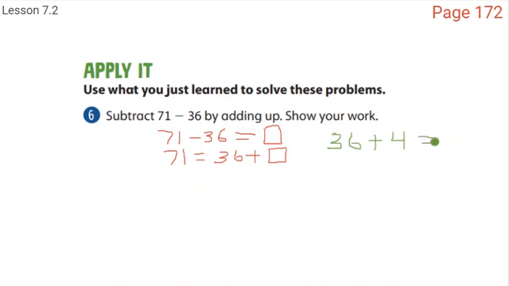And that equals 40. Okay? So we're adding up. We're adding things up. So now I have 40 plus what makes, and let's go to our next one up here. Let's say 70.